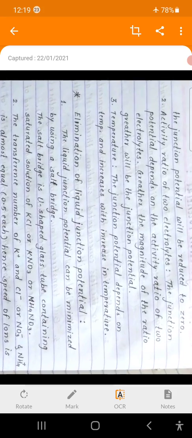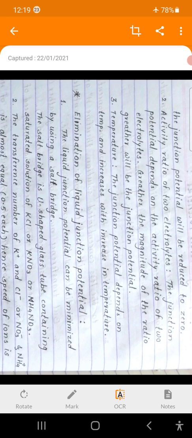The next factor is the activity ratio of the two electrolytes, that is the concentration difference between the two electrolyte solutions. If the concentration difference is more, movement of ions through that membrane is more, and therefore the magnitude of EJ is also more.